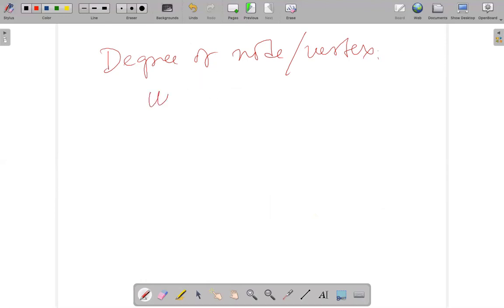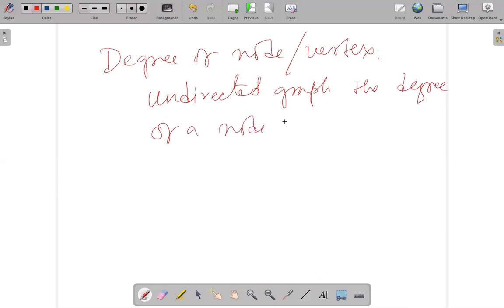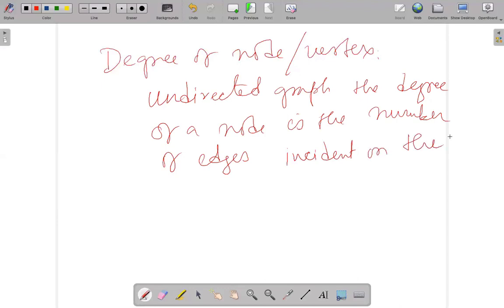So in an undirected graph, the degree of a node is the number of edges incident on the node.